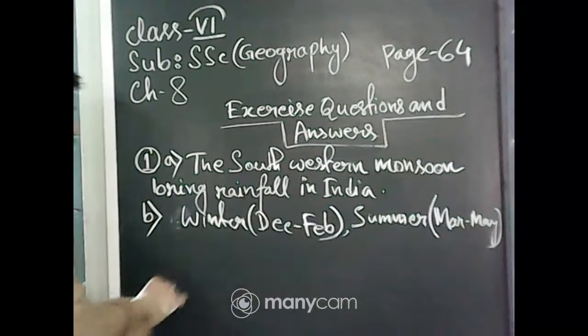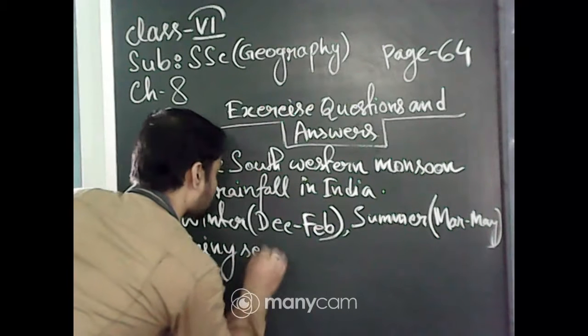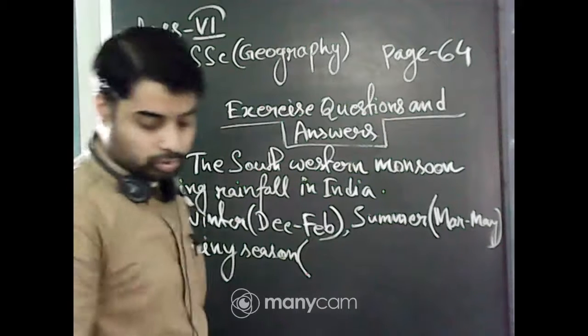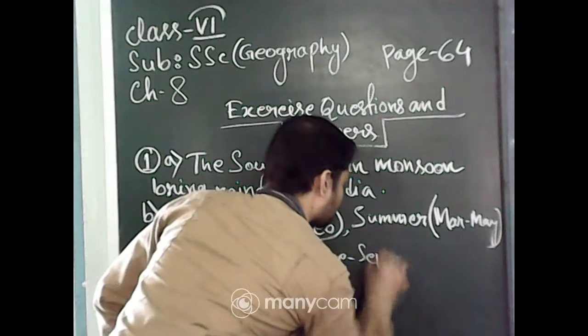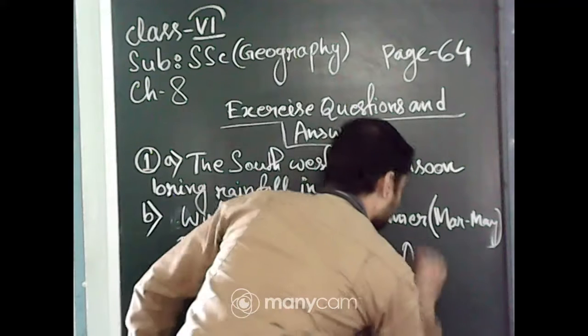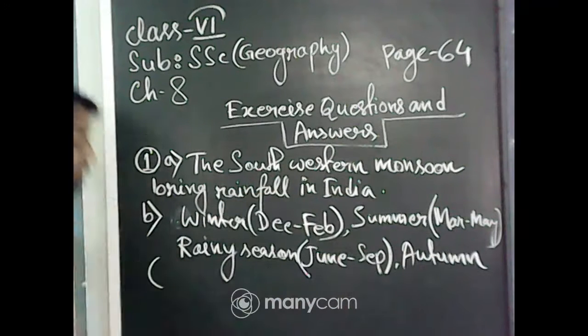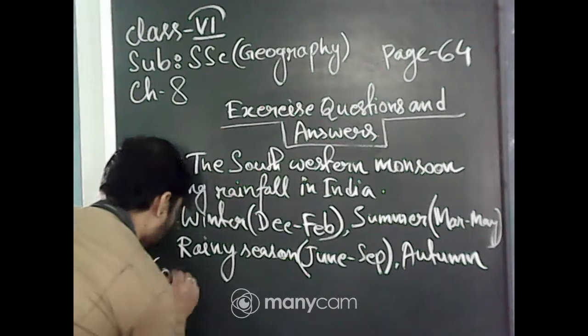Next one is the rainy season, and the time period is from June to September. And the last one is autumn, and the autumn time period is from October and November.